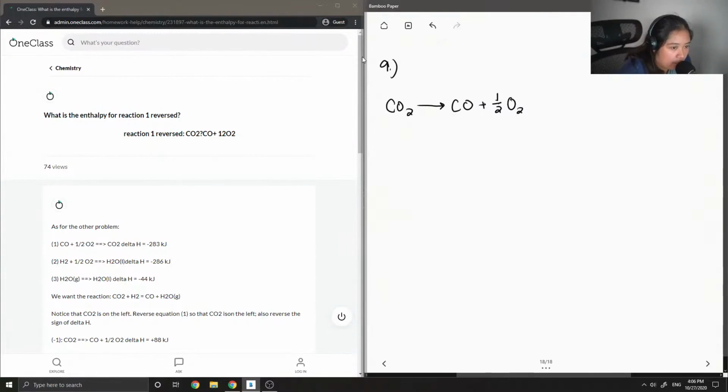So when you have the enthalpy of your reaction, this is equal to delta H formation of your products minus the delta H of formation of your reactants.